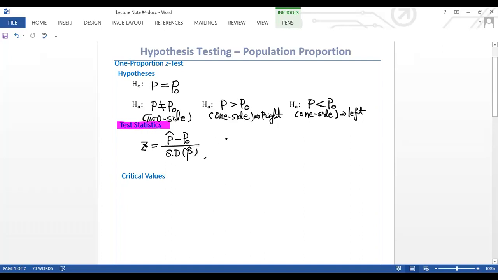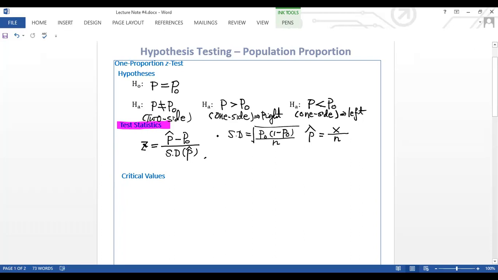What is the SD here? The SD is the square root of P0 times (1 minus P0) over N. Let's take a look at what this test statistic means. What is the P hat? The P hat is X over N.